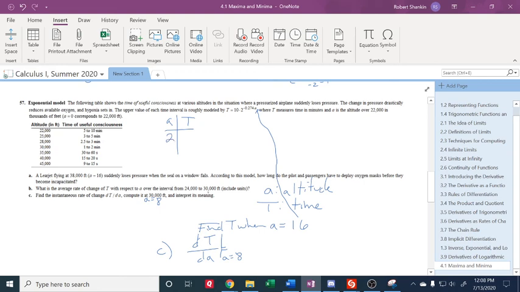When we have 30,000 feet, that means A is 8. And then you plug in 2 and 8 into here and get your outputs, and then you're just going to find the slope of the line that goes between these 2 points, and that will get you part B right here. All right, so yes.